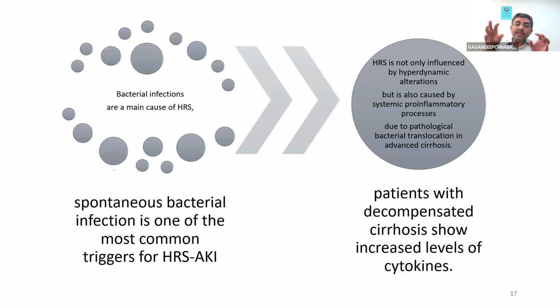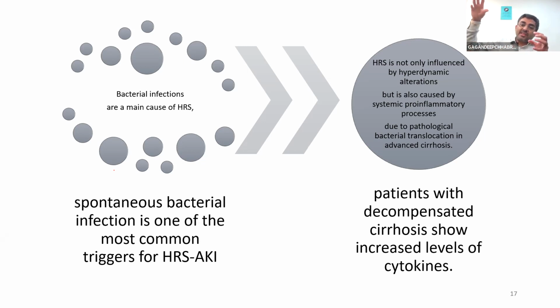Earlier, this was considered an exclusion criterion. Now it's one of the most important things in patients with hepatorenal syndrome. That is, spontaneous bacterial infection is one of the most common triggers of HRS-AKI. HRS is not only influenced by hyperdynamic alterations, but also caused by a systemic pro-inflammatory process due to pathological bacterial translocation in advanced cirrhosis.